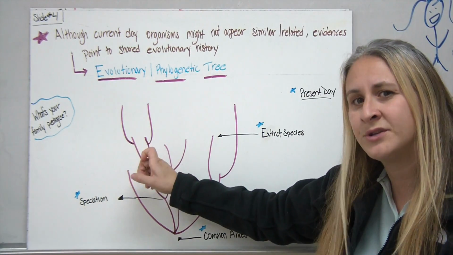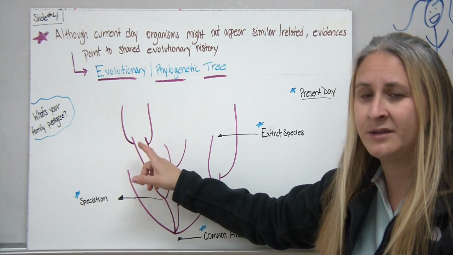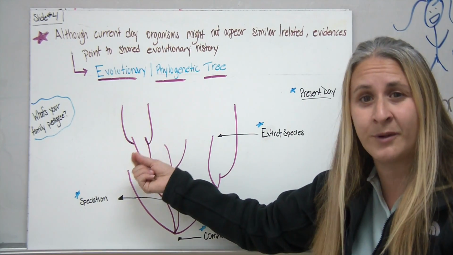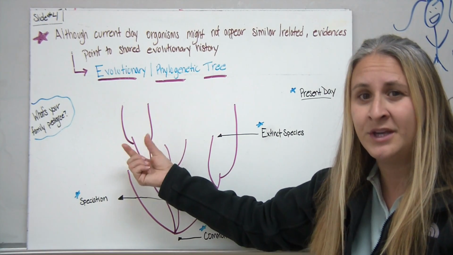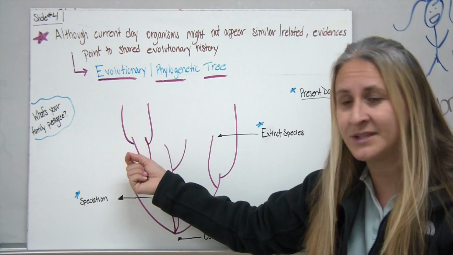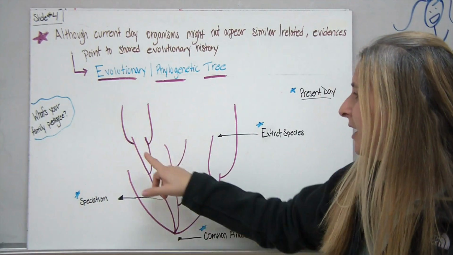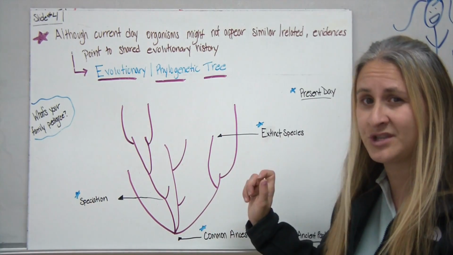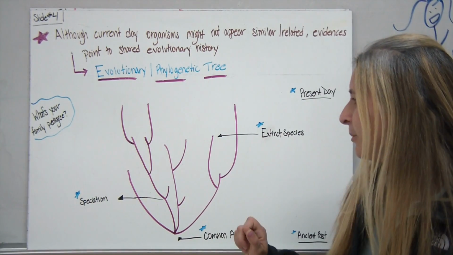Organisms that are closer to each other on the branches in the tree are more closely related to each other. They have separated from each other more recently in time, so they would have more similarities, a greater common DNA structure or sequence, as compared to organisms that are on opposite sides or opposite branches or didn't come from a similar branch.